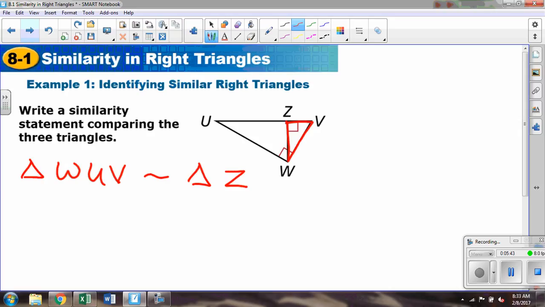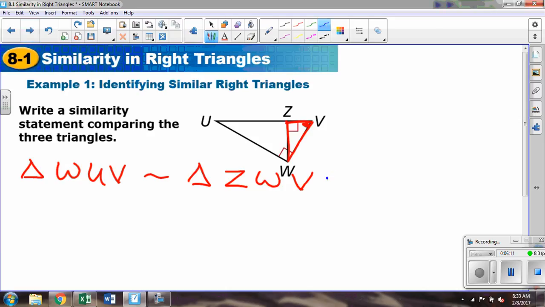Z is the 90-degree angle in that small red triangle. In this instance, they're sharing an angle V. And so V has to match V, so position 3 has to match position 3. That leaves me with my third one.